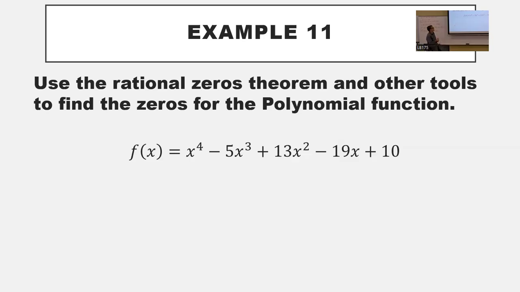If I'm given another 4th degree polynomial function, and I'm not given any complex solutions, no complex zeros, then basically I would have to use the Rational Zeros Theorem and check and hope I get some real zeros, or hope I get some rational zeros.